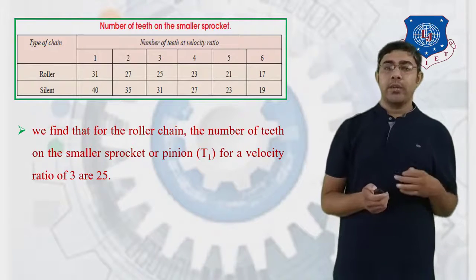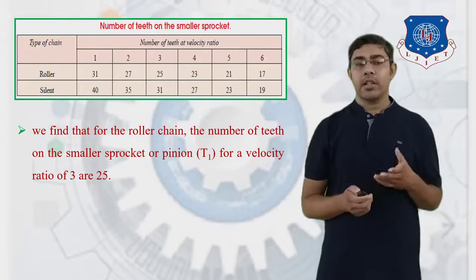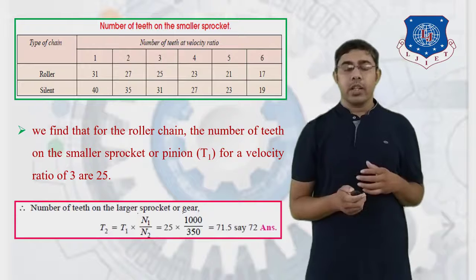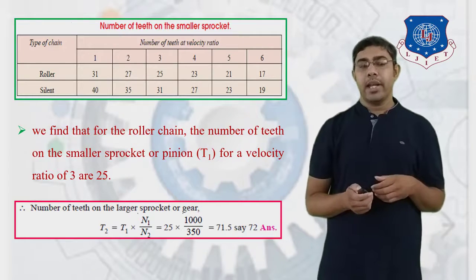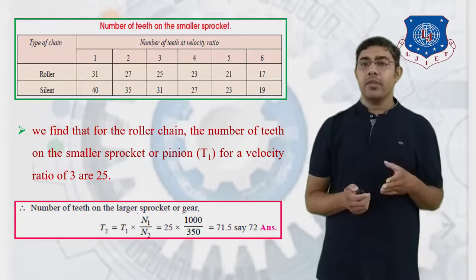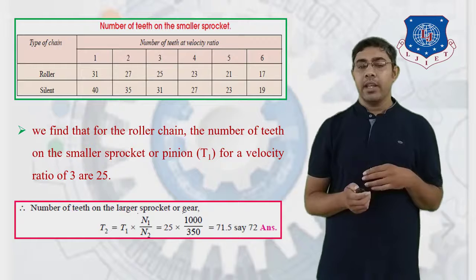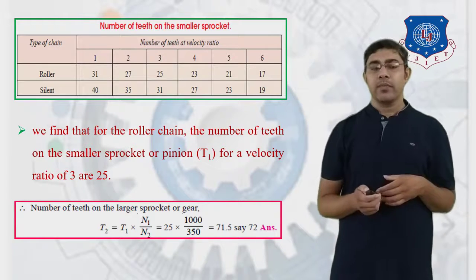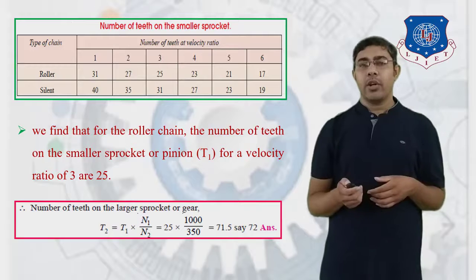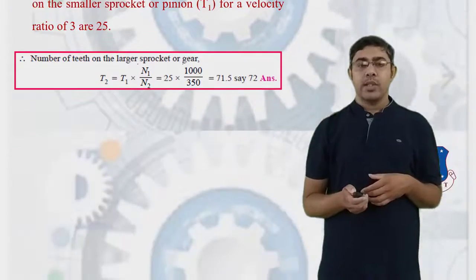Now we have to calculate T2, the number of teeth on the larger sprocket or gear. T2 is equal to T1 into N1 divided by N2. T1 is 25 from the table, and N1 and N2 are given, so we calculate T2 as 71.5, which is equal to 72.